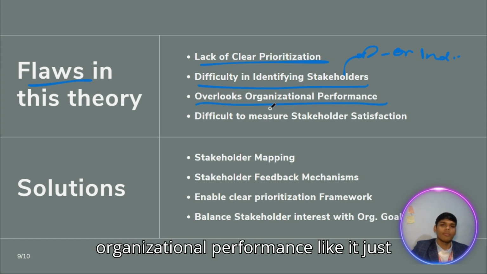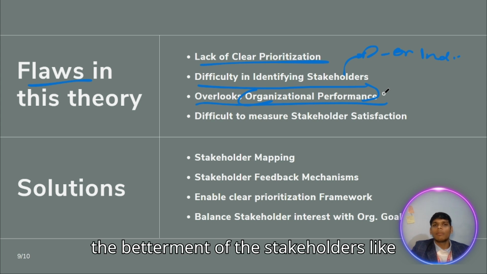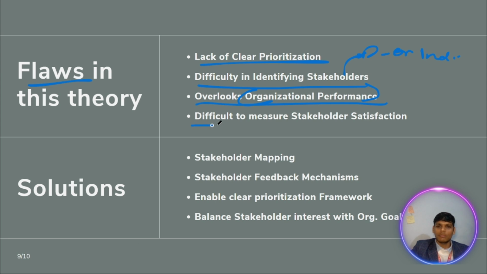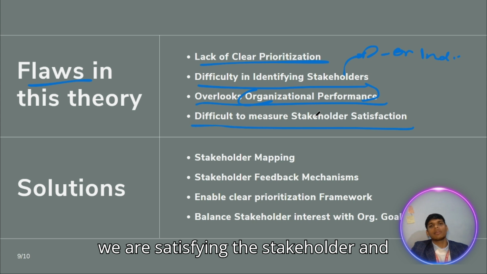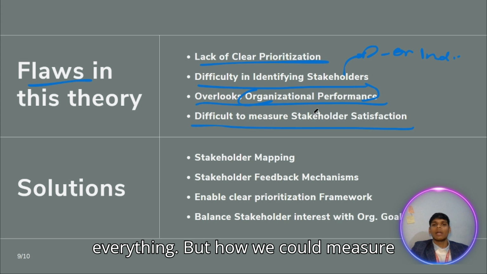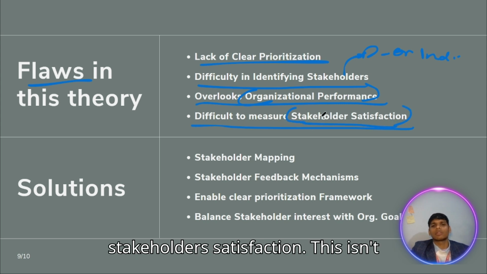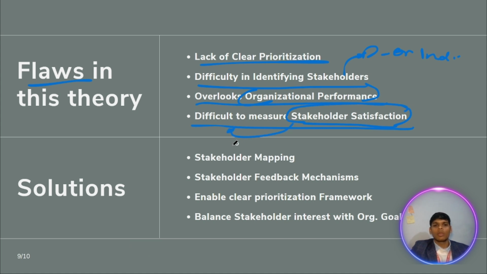It overlooks organizational performance. It just says that we have to balance the betterment of the stakeholders, but it doesn't talk about the organizational performance. And even if we are satisfying the stakeholders and balancing everything, how could we measure the stakeholder satisfaction? This isn't told within this theory.